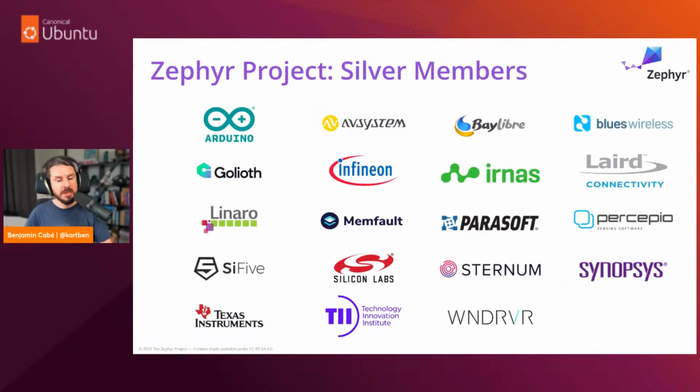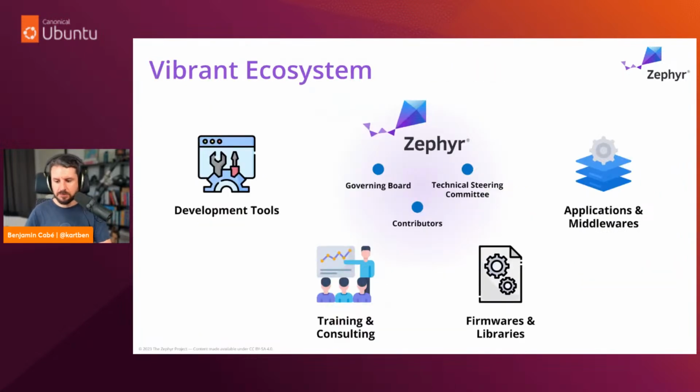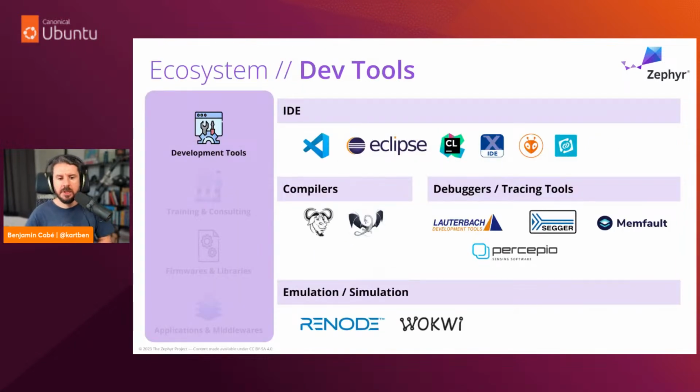And that's why we, as the Linux Foundation and the Zephyr project, help the community to be where it needs to be. So that's the whole story there about the ecosystem, all the way from all the development tools that you might want to use, the IDEs, the emulation environments. If you don't have an Arduino or an ESP32 at hand, you use Renode, you use Wokwi.